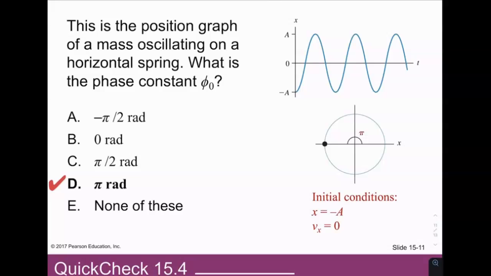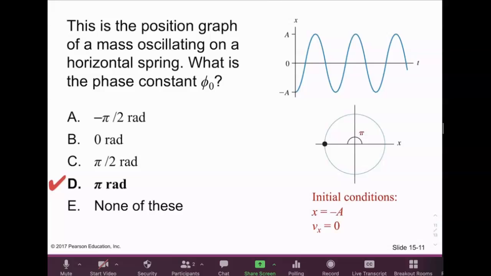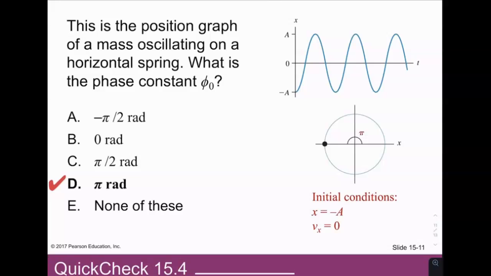So the correct answer is pi radians. We know that the initial velocity is 0 because we draw the velocity as the tangent to the position curve, which in this example, at t equals 0, is horizontal. So it corresponds to a 0 slope or 0 velocity.